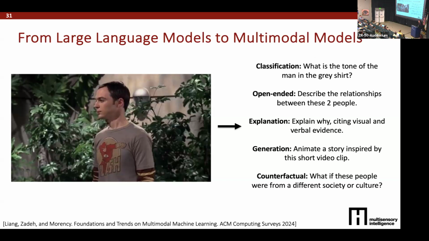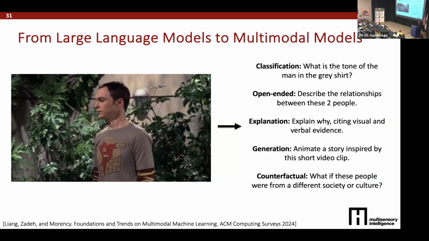You might ask them more open-ended questions, like describe the relationship between these two people. You want the model to identify that they are friends who are joking around with each other. You might want to ask the model to explain why by citing both visual and verbal evidence, perhaps even pointing to previous episodes and looking online to tell you that this is Big Bang Theory if you haven't seen it.